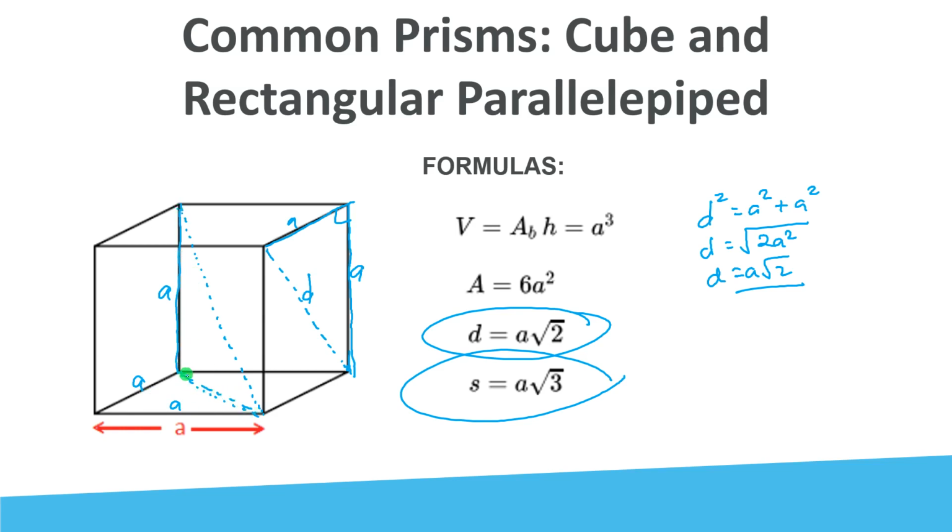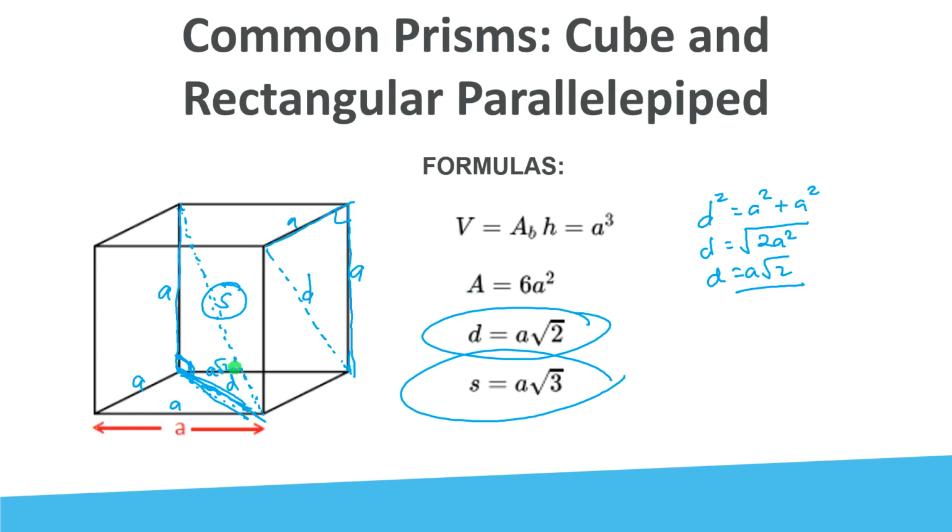Considering again this right triangle here, we can solve this space diagonal. Before solving for S, compute first the face diagonal D, which is A the square root of 2.